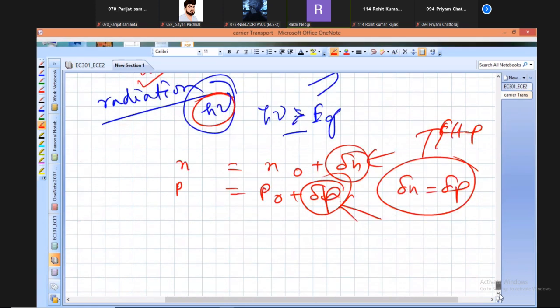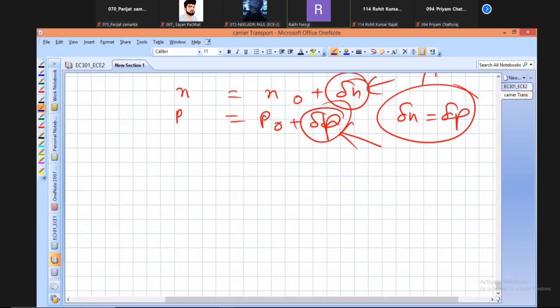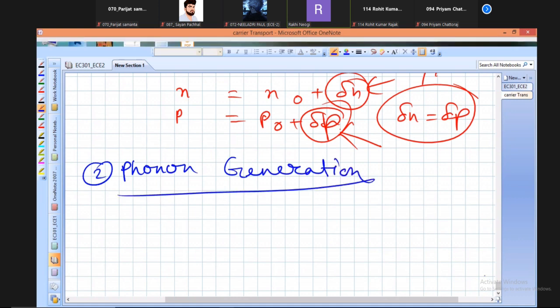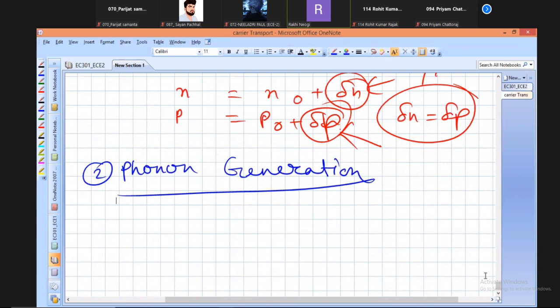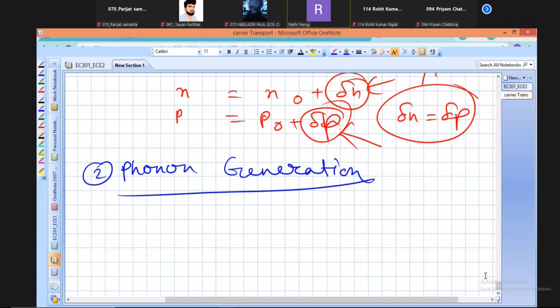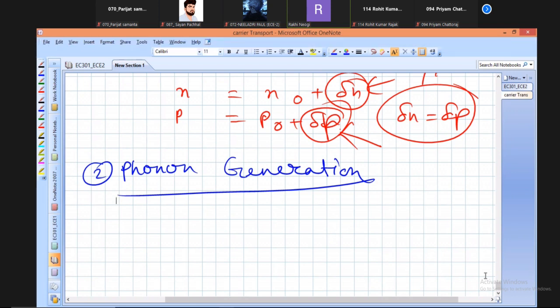Next process, phonon generation. Phonon, what do you mean? Phonon is the temperature particle. I already mentioned that in this generation process, temperature is involved. If you have high temperature present, then what will happen? Under higher temperature, whatever thermal excitation you are providing in the form of phonon particles, due to that the lattice atoms will vibrate about their lattice positions.